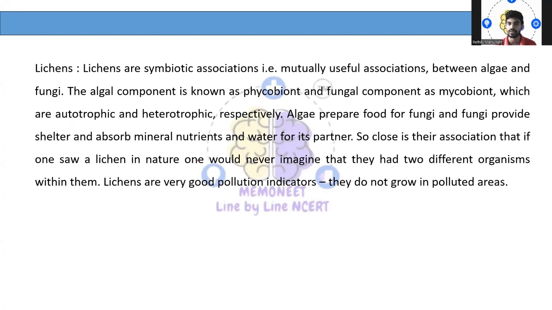Wherever you see an association of fungi and algae, lichens are present. So they are placed separately. Without both, the lichens will not be able to grow. So this is all about the other organisms which have been placed separately, excluded from the five kingdom system of classification. And this is all about biological classification.